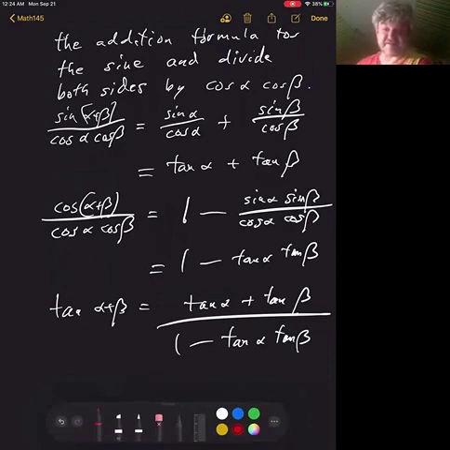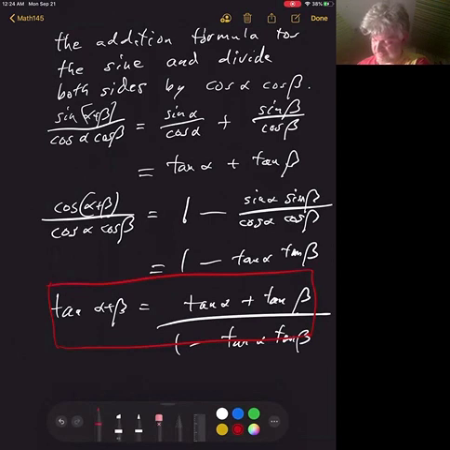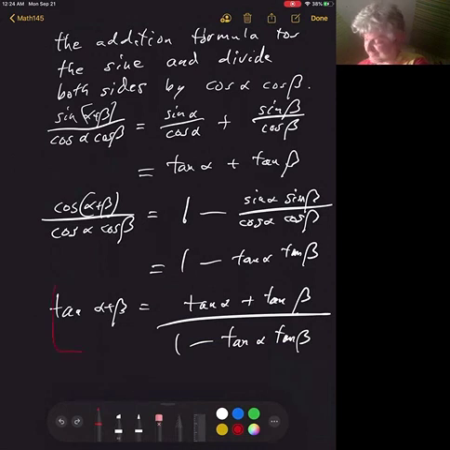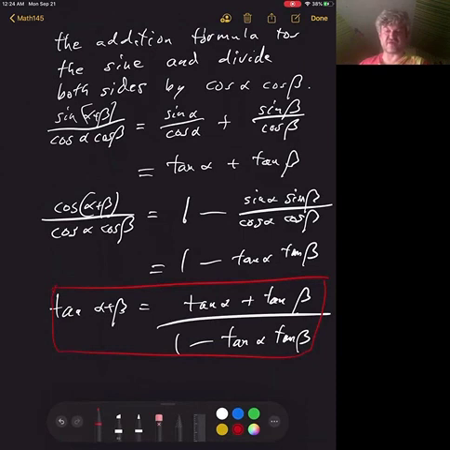So we have a nice addition formula for the tangent, which comes right out of the addition formulas for sine and cosine. Nicer. Nice red box. And let's do applications in a separate video because this is getting kind of long.